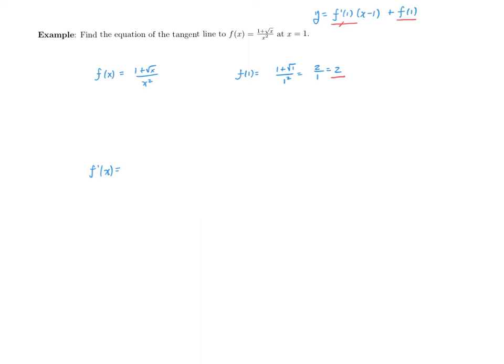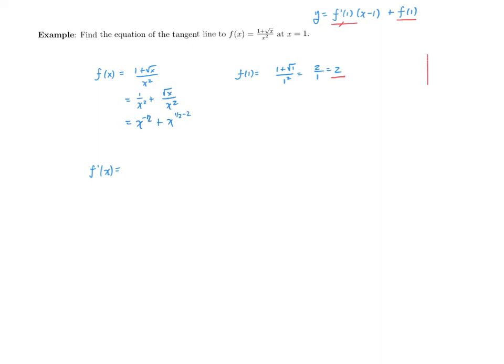And I'll write down a few extra steps just to make sure we're all on the same page. So in terms of simplifying this, we can write this as 1 over x squared plus the square root of x over x squared. That is, in terms of powers of x, we have x to the minus 2 plus x to the 1/2 minus 2, using properties of exponents.